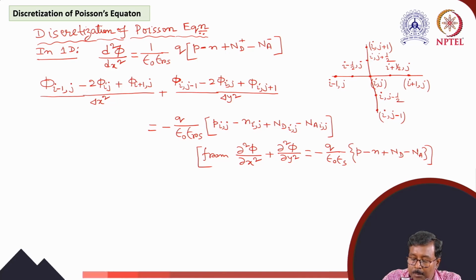You observe here, we have used the formula written in equation number 116, if you remember. Just remember it this way: phi I minus 1 j, that means this point, this value, plus phi I plus 1 j, this value, minus twice phi I j, twice the center value, divided by delta x square. Delta x is nothing but the gap between these two points.